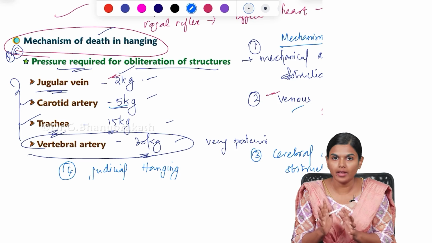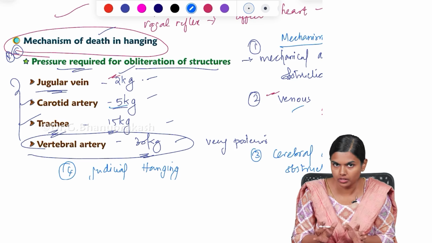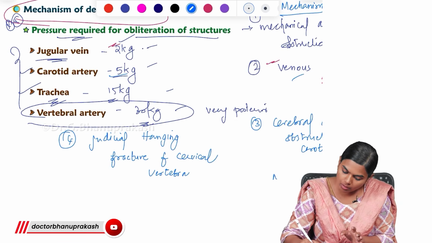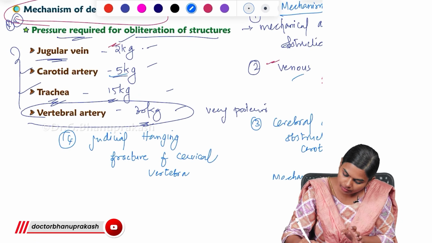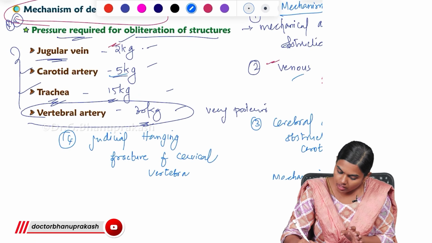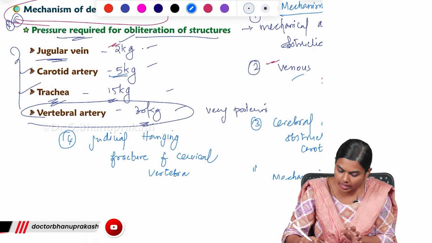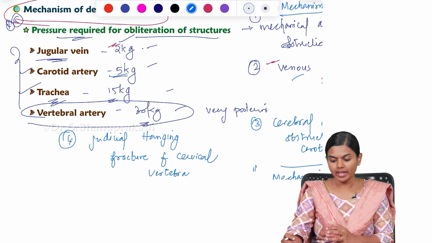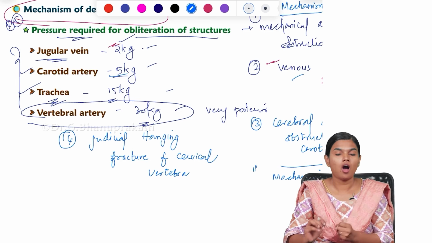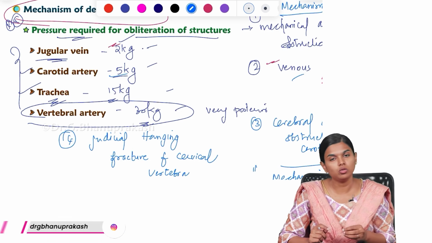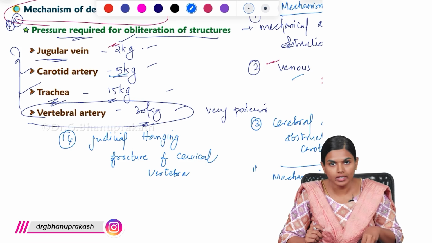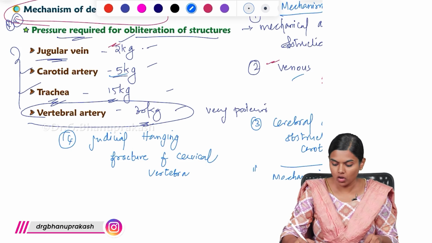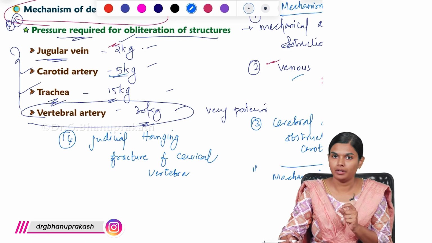Here I want to say one more thing, which is mechanism of death versus cause of death. This is very important. Mechanism means how the death happens, through which modality, and cause of death is why it happened.